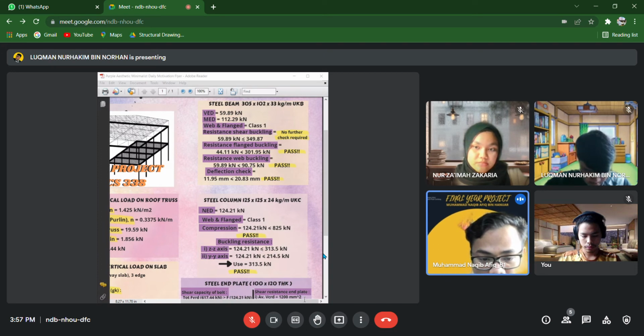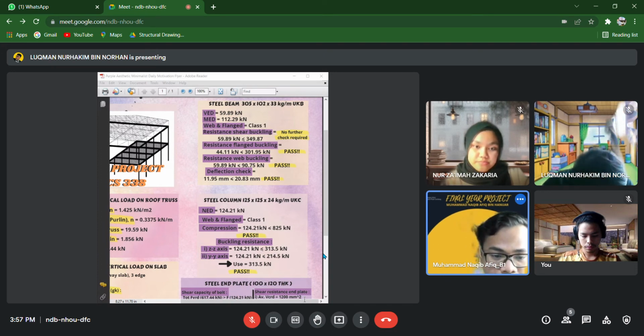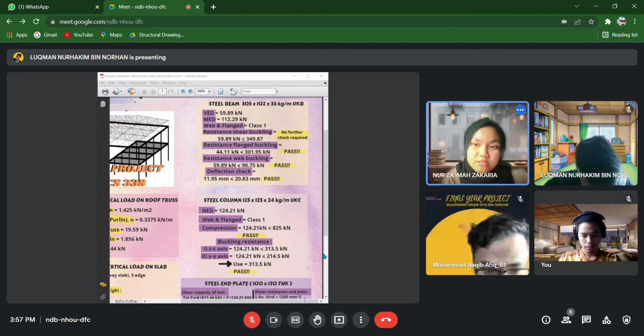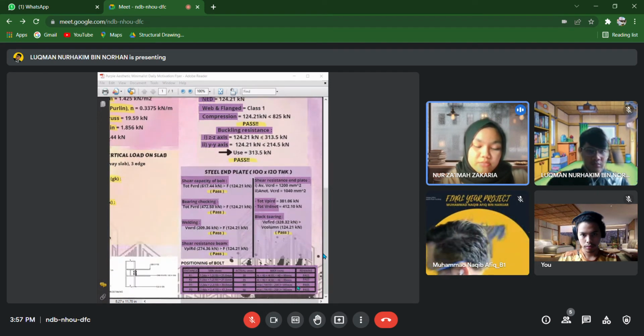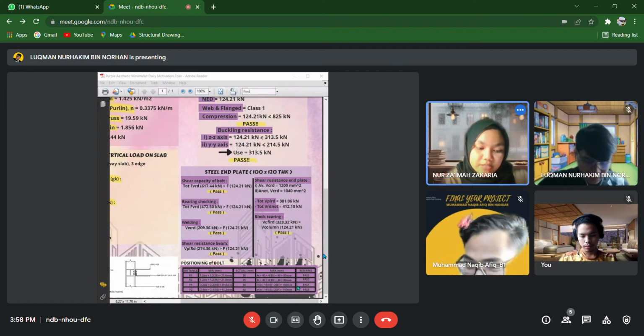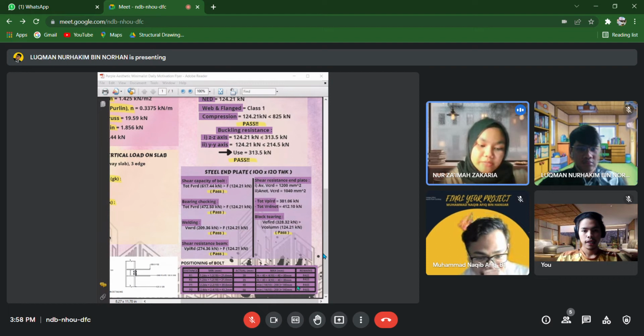Next we move on to the connection. For the connection part, we choose the end plate type. We assume bolt grade 8.8 and bolt size M16. The steel grade is S275, and the plate thickness is 10 mm. The length is 120 mm and the width is 100 mm.